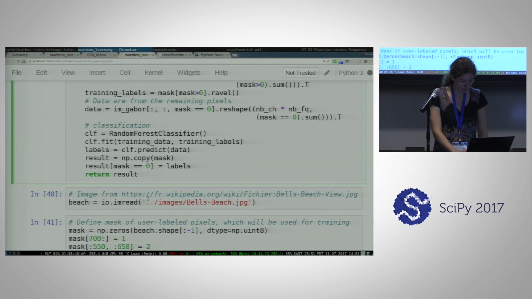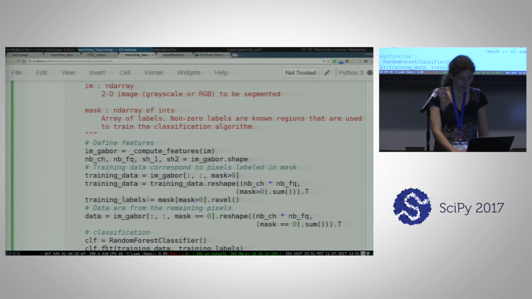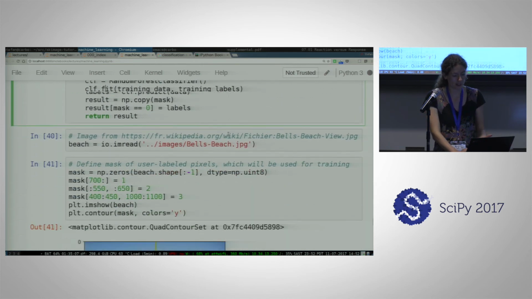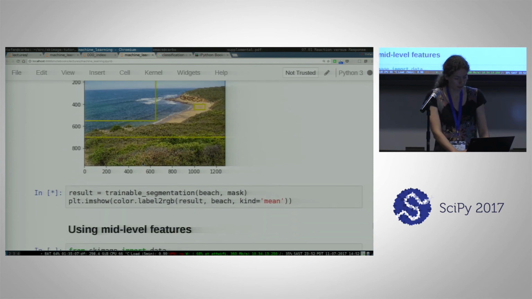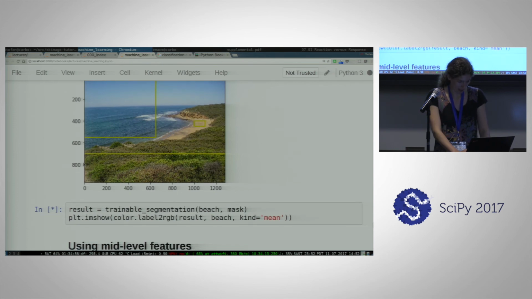Still running. The function trainable segmentation uses the image that I want to segment and a mask of pixels that have already been labeled. This mask is just the array of which contours are represented here. It takes some time.